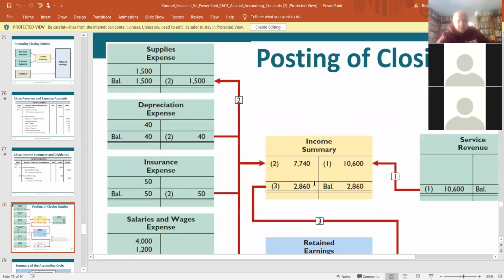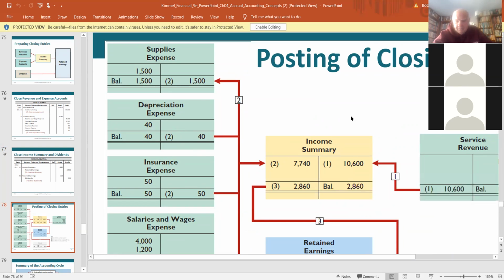Look at your general ledger. Income was 1,500 expenses. We credit it for 1,500. Depreciation expense, we credit. And we end up debiting 7,740 for the total expenses. We credit service revenue for 10,600 and we move it over.